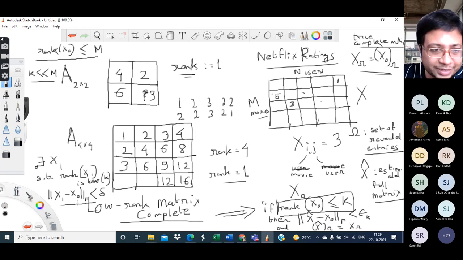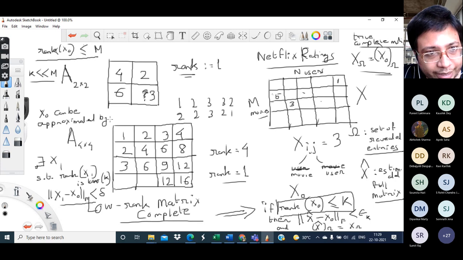This basically means X0 can be approximated by the low rank matrix X1.